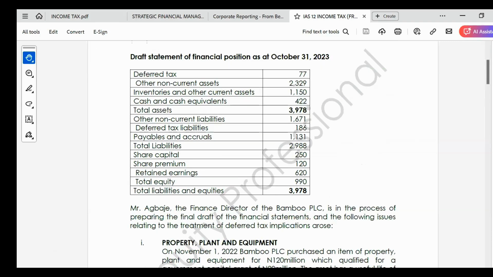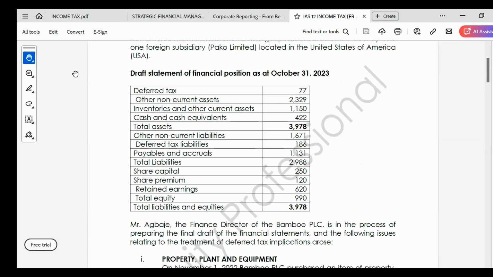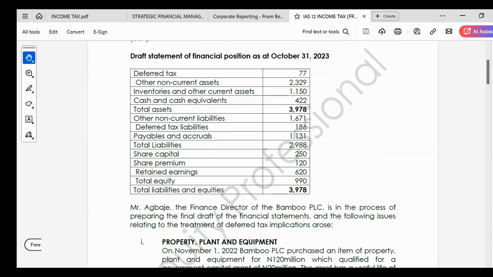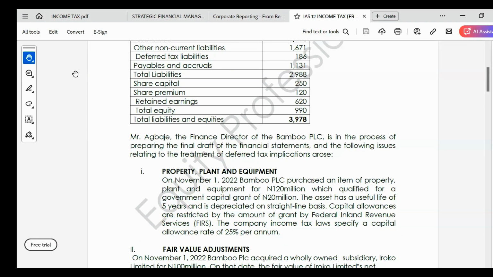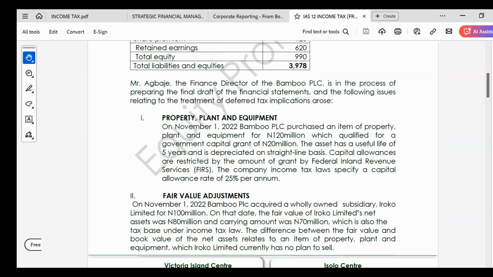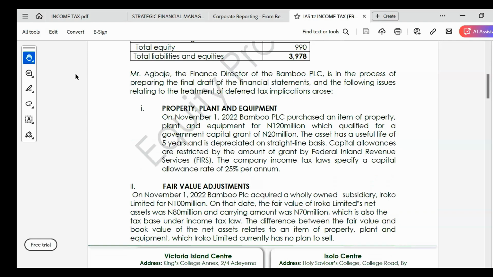And then we have this draft statement of financial position as at October 31, 2023. Now we're told that Mr. Agbaje, the finance director of Bamboo PLC, is in the process of preparing the draft of the financial statement, and the following issues relating to the treatment of different tax implications arose.